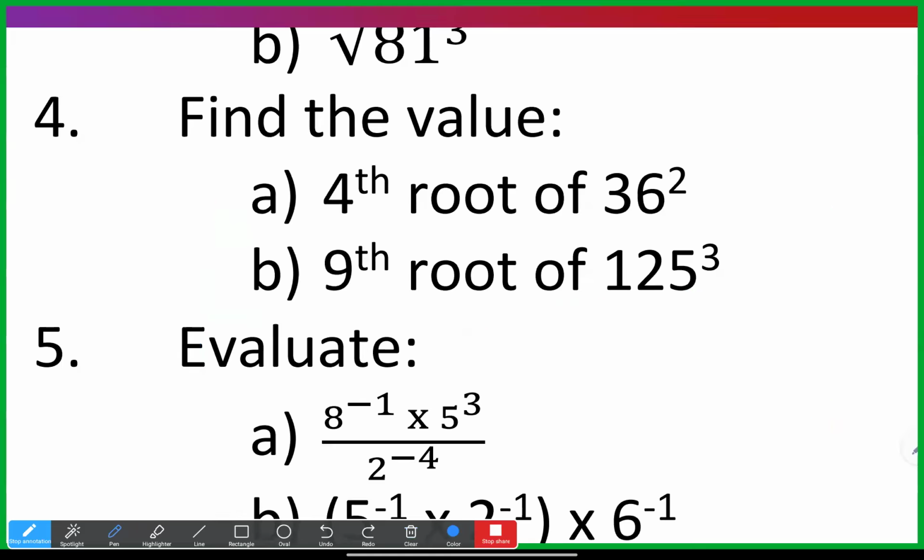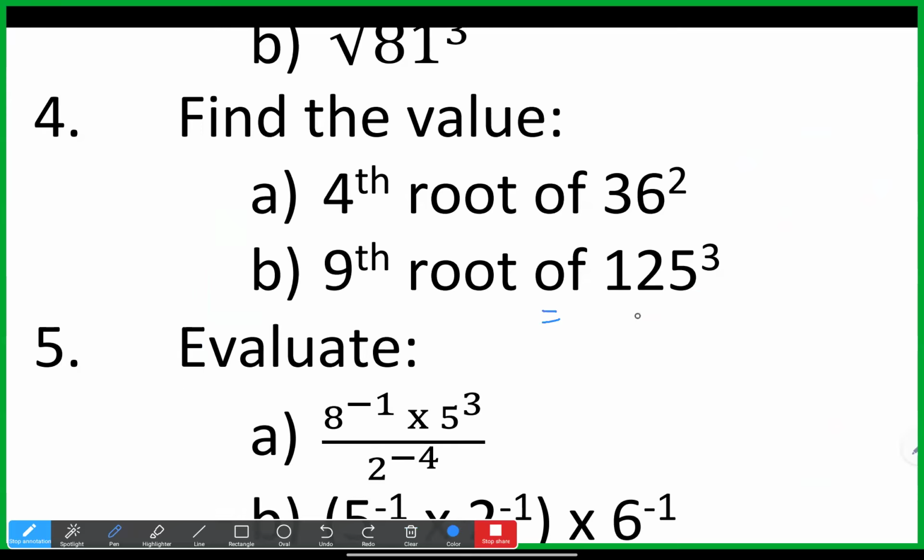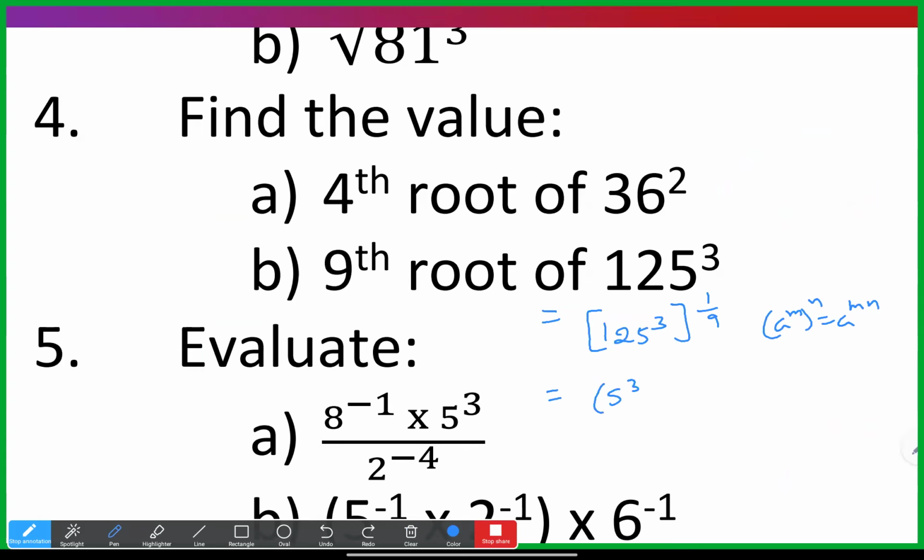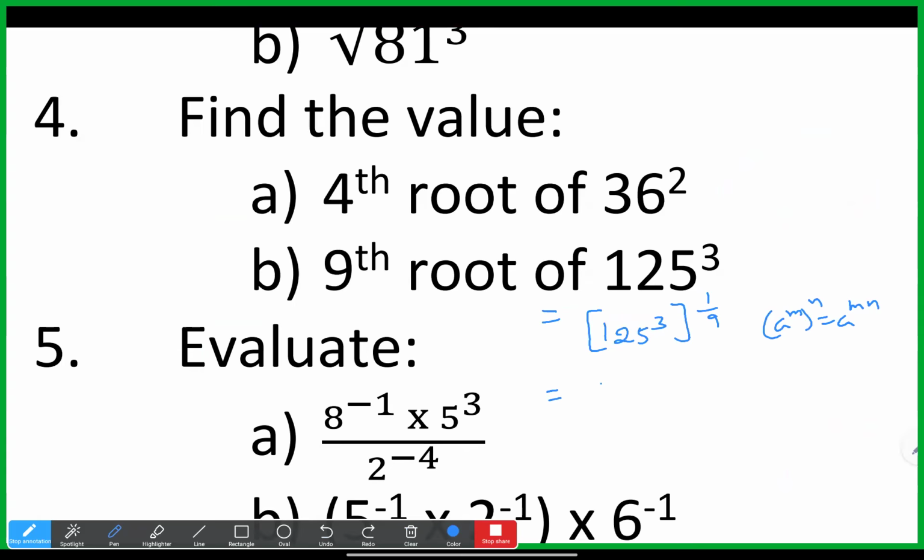Yes, Ishma, nice. So it will become now, this one I have to write as 125 power 3 whole power 1 by 9. Now, a power m whole power n, a power mn. So it will become 5 cube whole power 125 power 3 into 1 by 9, 3 by 9.